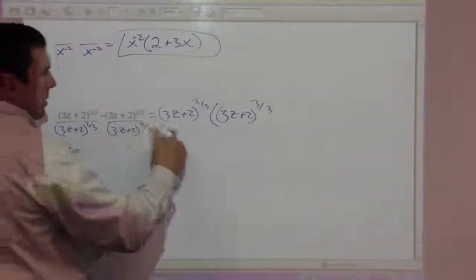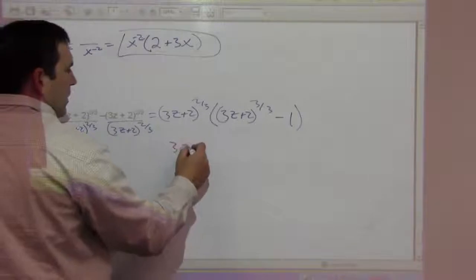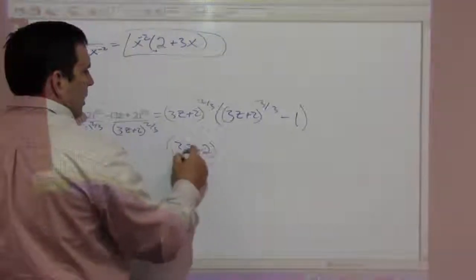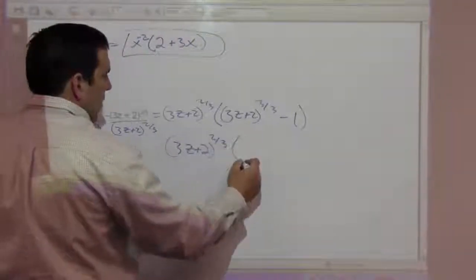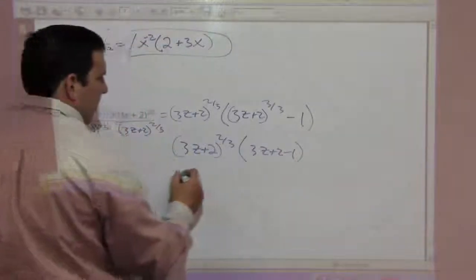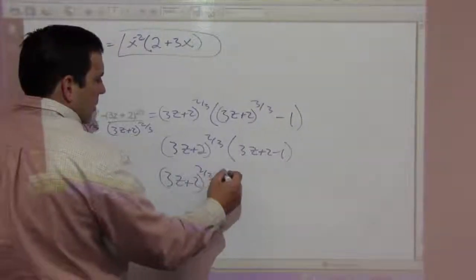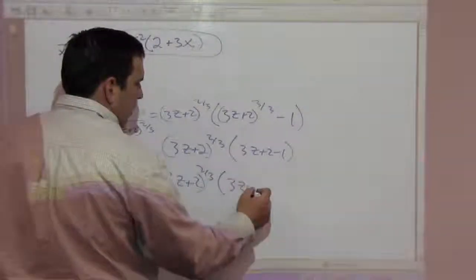This is something divided by itself, so it's 1. So we have (3z plus 2) to the 2/3 times (3z plus 2 minus 1). (3z plus 2) to the 2/3 times (3z plus 1).